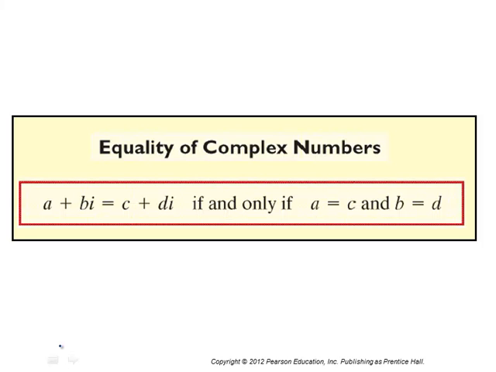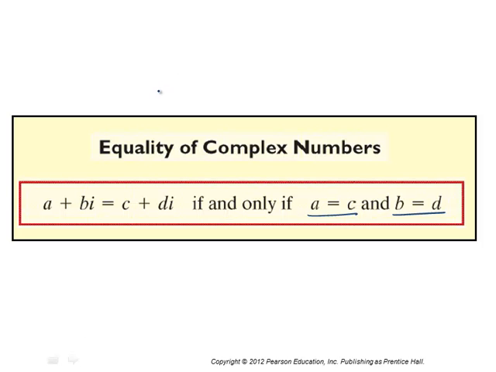Okay, now to start off with, let's talk about equality, as in two numbers are equal if and only if the real parts are equal to each other and the imaginary parts are equal to each other. Okay, that should make sense.